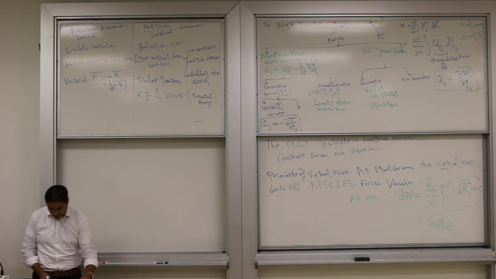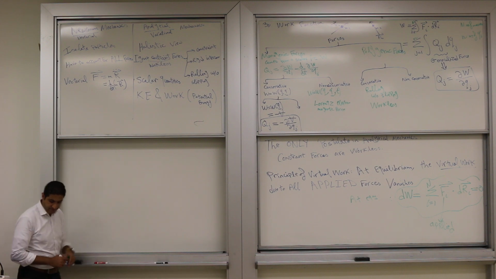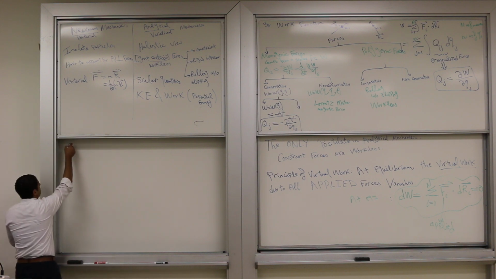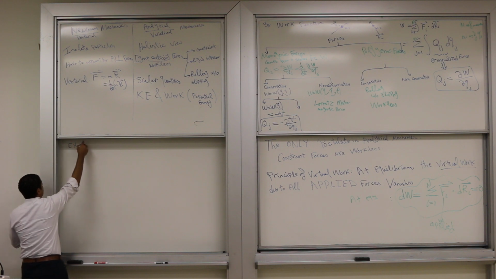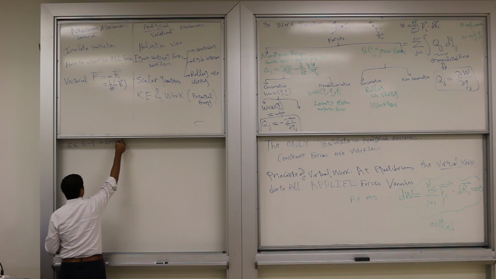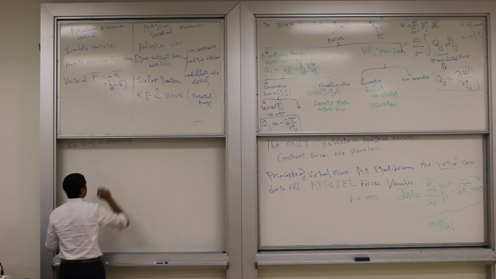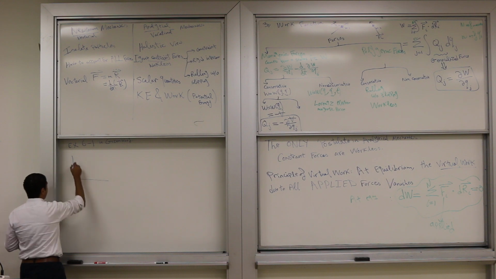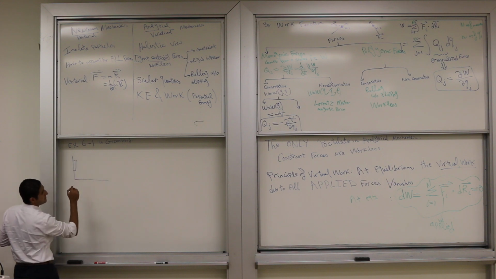So this is an example, 6.1, in what book is that? This is Greenwood. Example 6.1 in Greenwood. Giving you two masses.